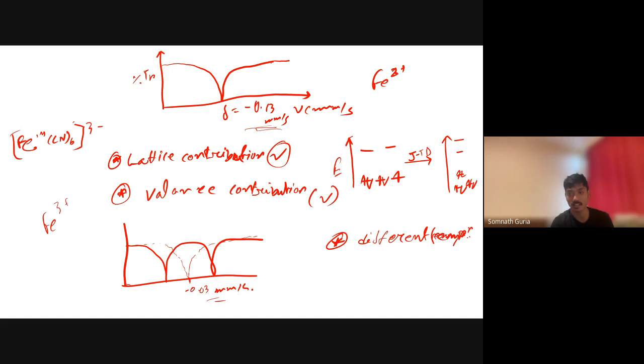Because it has been recorded at a different temperature, for the iron hexacyanoferrate, these two experiments have been done at different temperatures. And at that temperature, where the iron hexacyanoferrous is recorded, the delta value is around minus 0.5 millimeter per second.